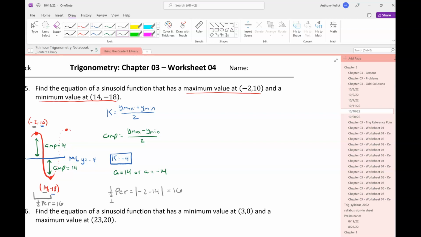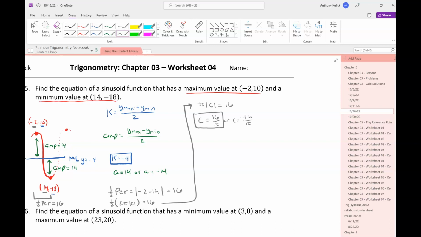Now remember, the period is the same thing as 2 pi over the absolute value of C. One half times 2 is just 1. So if I divide both sides by pi, I get that C is either +16 over pi or -16 over pi.